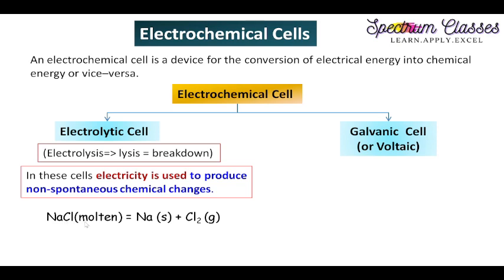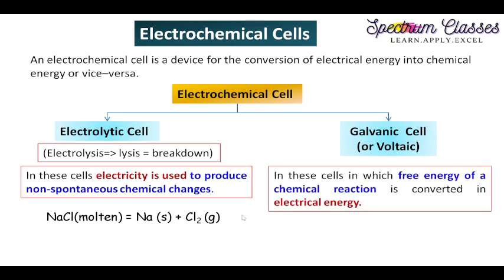Say I have sodium chloride in the molten state. We use the salt sodium chloride in molten form, and that breaks down into sodium plus chlorine gas, right? This kind of fragmentation is only possible by electrolytic cells.